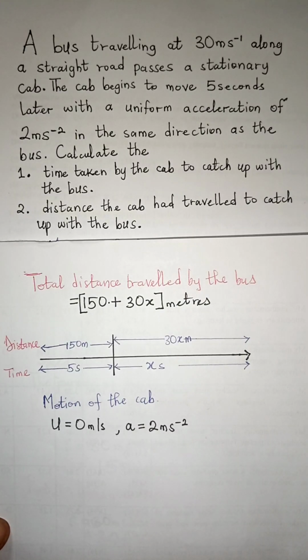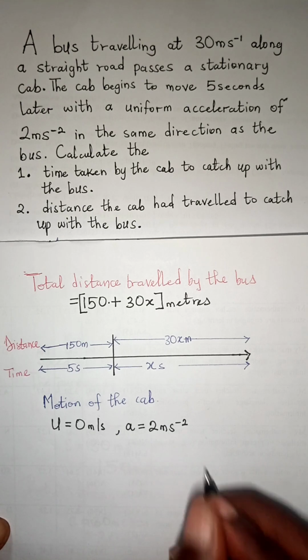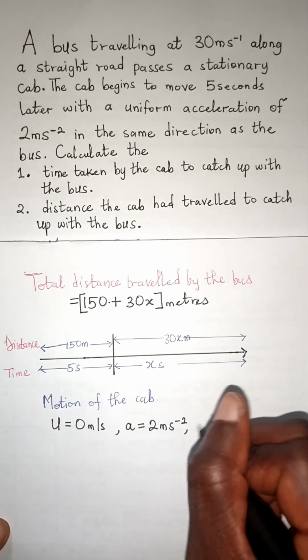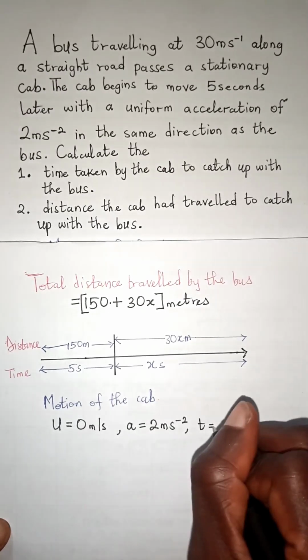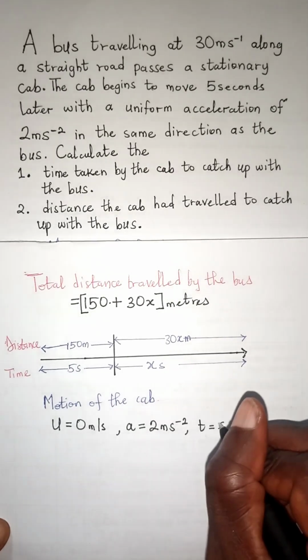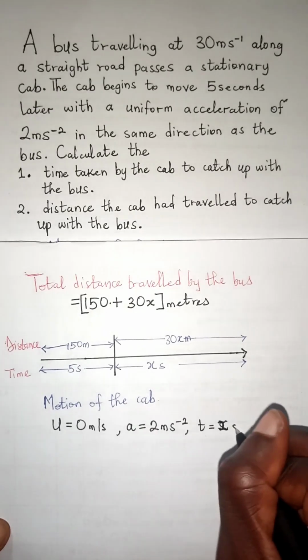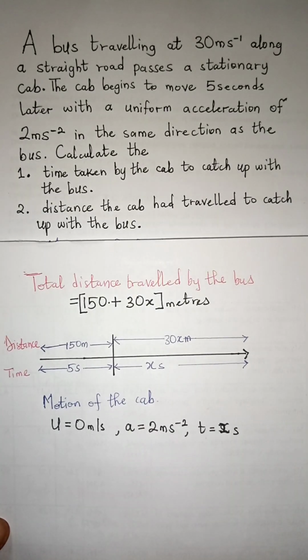The time it takes the cab to catch up with the bus, we have already represented as x seconds. So that's all the data we have concerning the motion of the cab.